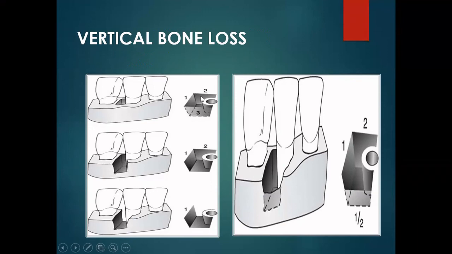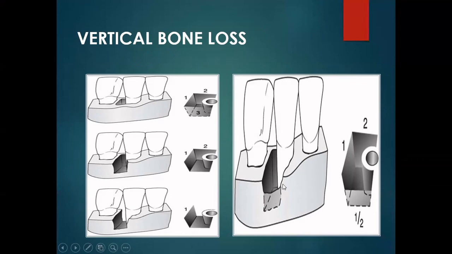In the two-wall defect, two walls are missing. And in this one, only one wall is present and the other walls are missing, so it is called a one-wall defect.